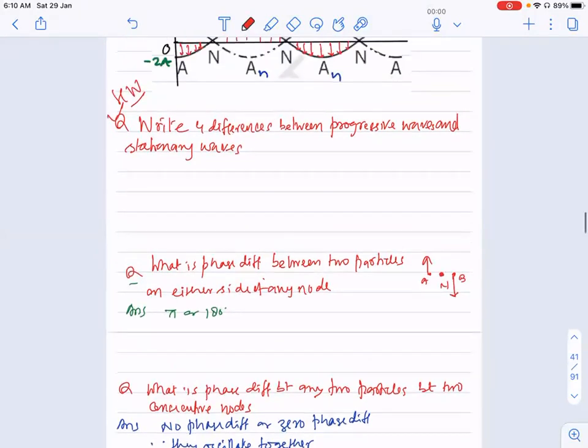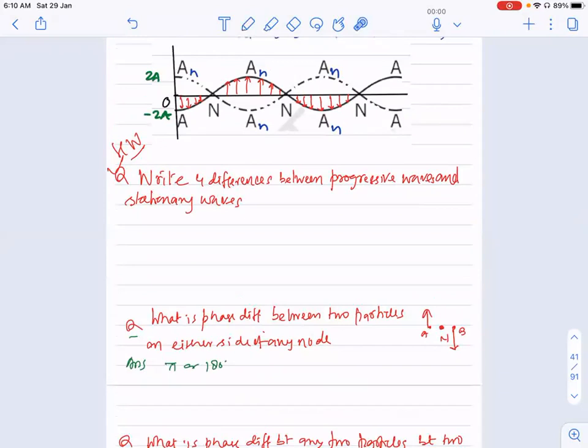Here, in a progressive wave all particles have the same amplitude, whereas here the amplitude is different. And you can also write that particles between two nodes are in the same phase, but in a progressive wave they are not in the same phase.